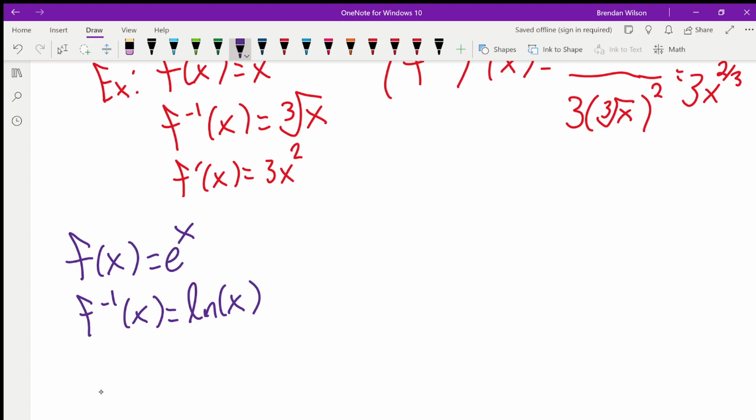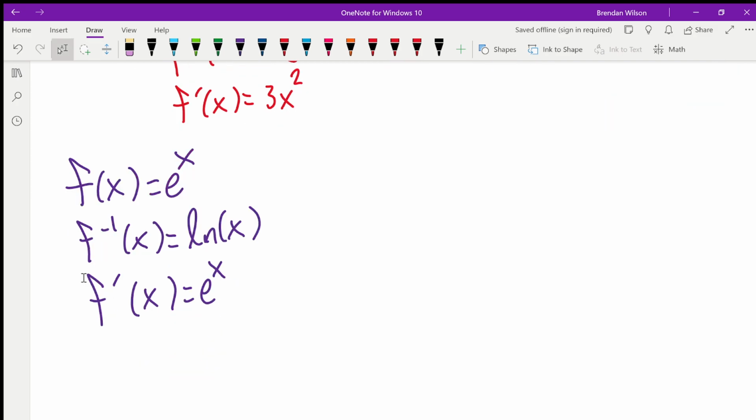Okay, and then the f prime of x is also e to the x. And now that I think about it, I think we did do the proof of it, but we used implicit differentiation and we hadn't gotten there yet. So it's always good to go back and look at it now that we did do implicit differentiation, by the way.